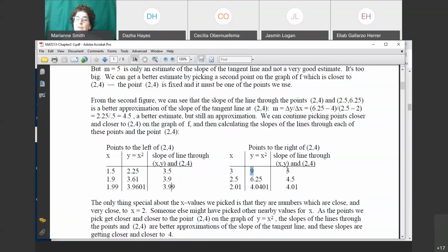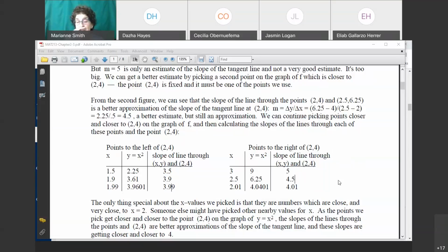And then they found the slope between the points they created, x and y, and 2, 4. And you could see here the slopes are going down. They're going down again, approaching what value? And what are these slopes approaching?